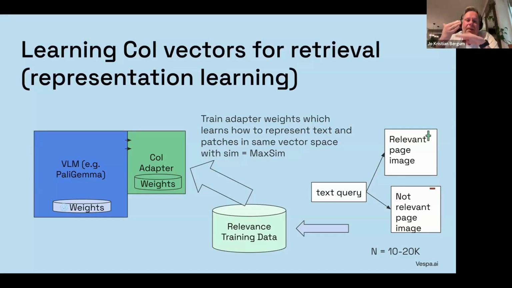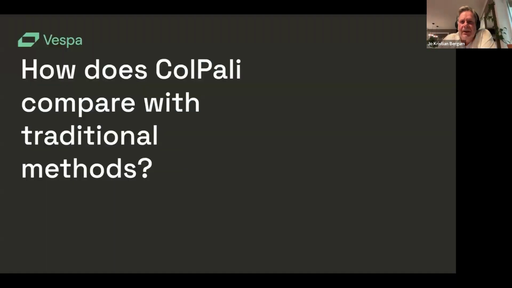And this kind of updates the weights. But in order to do this, you have relevancy data, which is typically a query, a page, and if that page is relevant to the query or not. And then you have typically 10 to 20,000 examples like that you can actually train. And this also gives you the possibility to fine-tune PaliGemma for your specific domain, potentially using synthetic data.